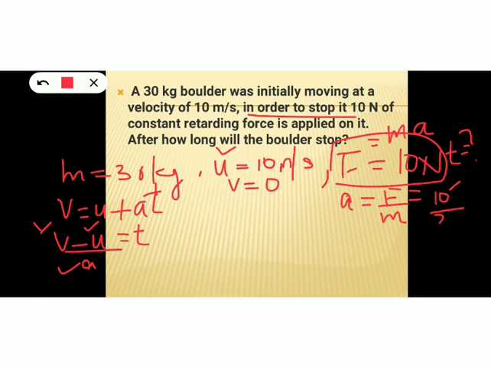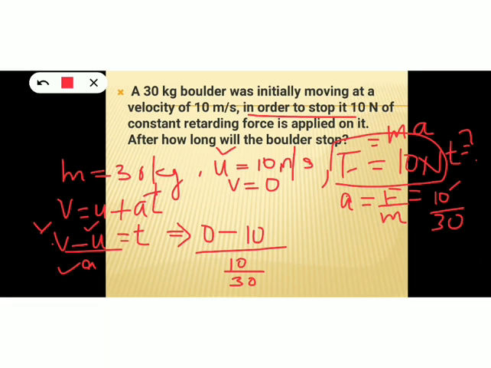Mass is given, it is 30. So, acceleration is 10 by 30. So, we can substitute here. Velocity V is 0 minus initial velocity 10, divided by acceleration, 10 divided by 30.